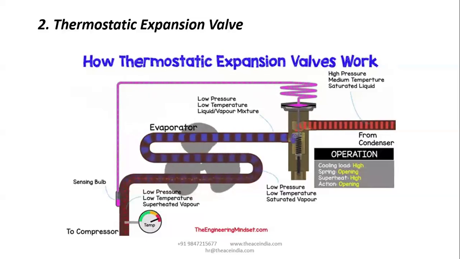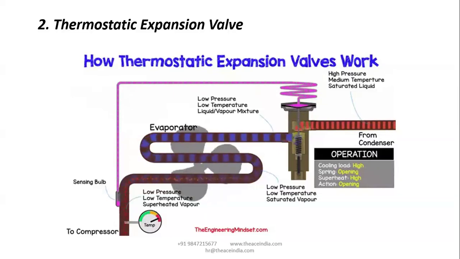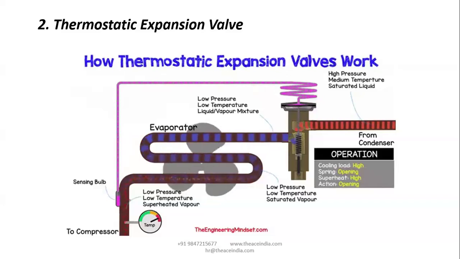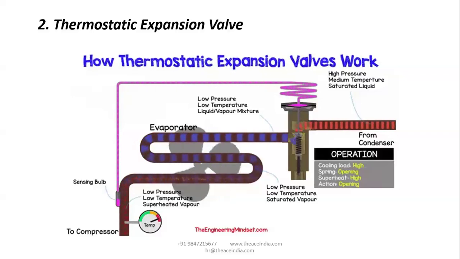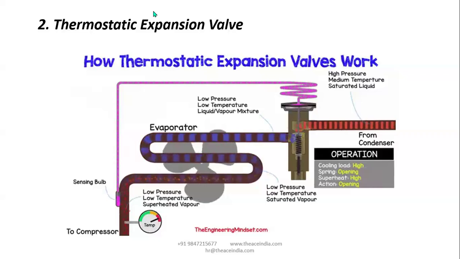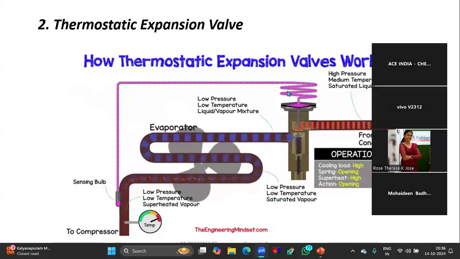That means whenever the outlet temperature of the evaporator coil gets higher than the normal situation, what will happen? The substance inside the sensing bulb starts to vaporize, and it pushes the diaphragm. That means more opening will happen, isn't it? Am I right? That's what we studied.